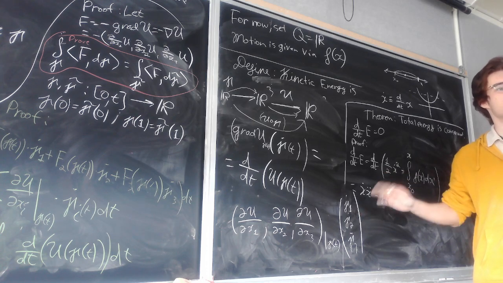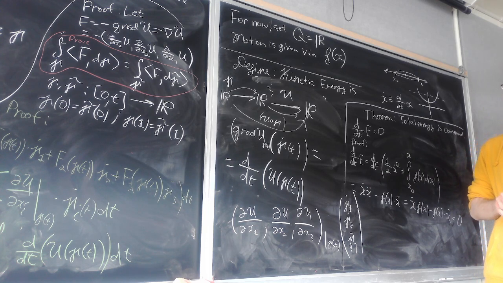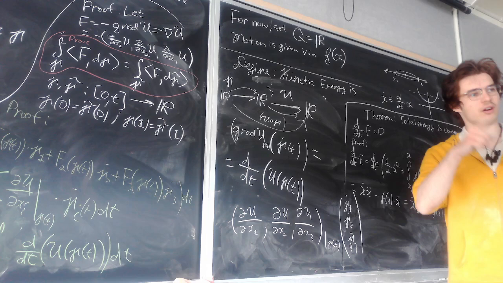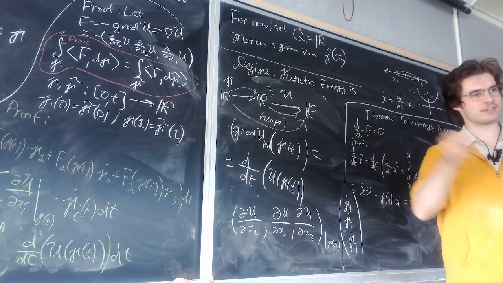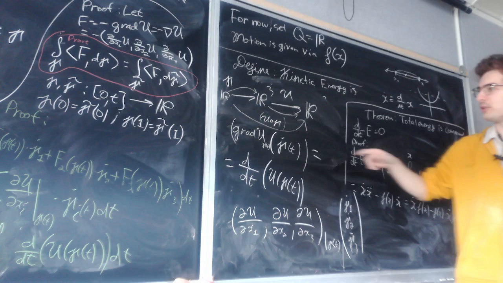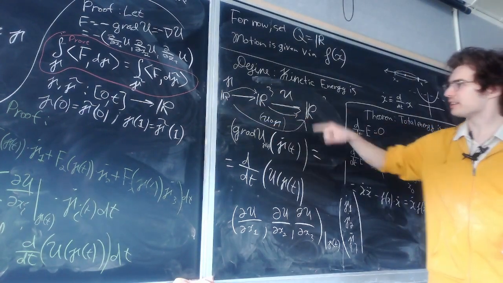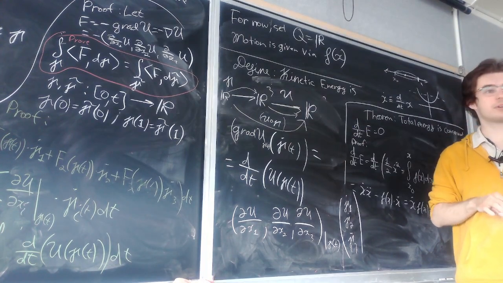This is why we needed the Jacobian: to be able to figure out, if I have a function from R to R, but inside it's like from R to R3 and then to R, how to compute the derivative of this function if I have something weird in between. This is one reason why we needed the Jacobian.